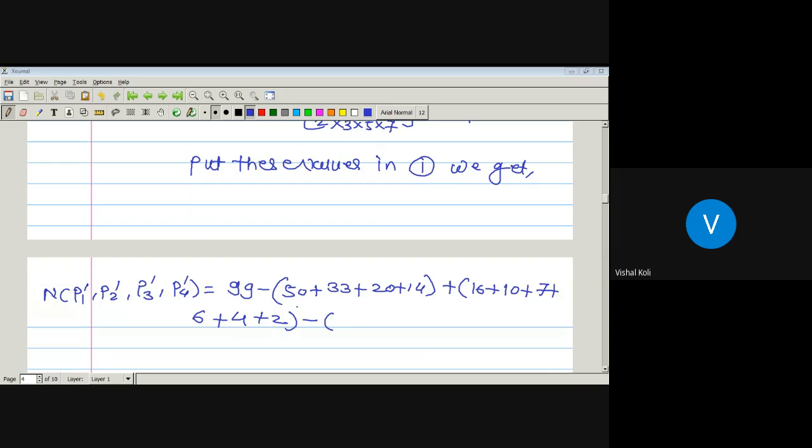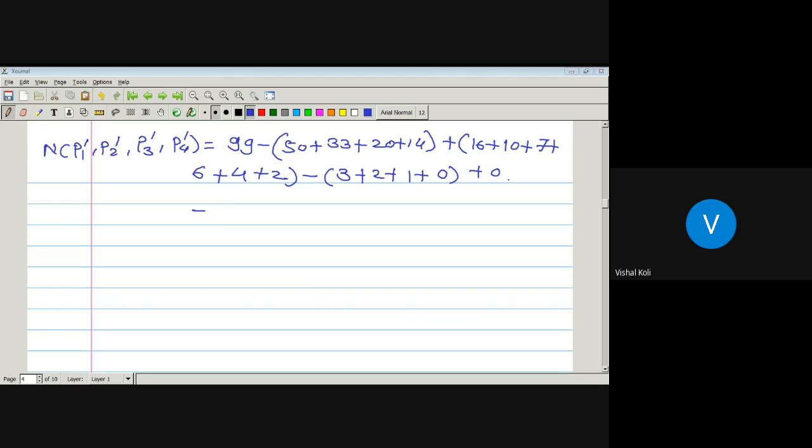Now for the third property, that is 3 plus 2 plus 1 plus 0, and the last one is equal to 0.